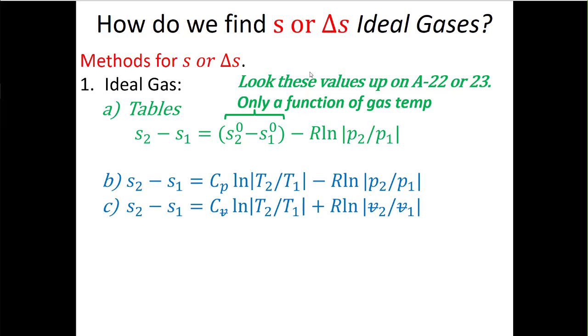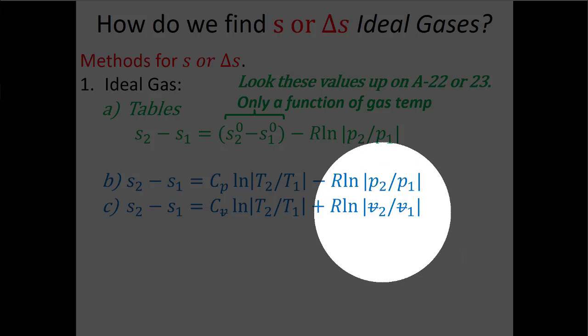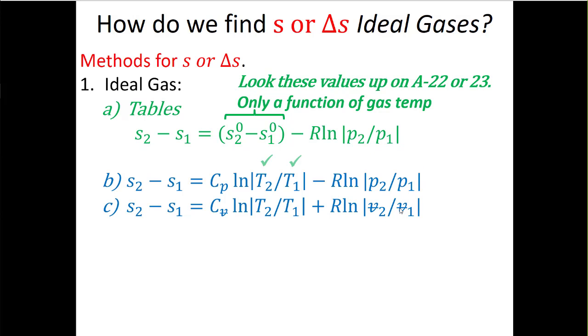And over here, I have two options for constant specific heat, but I don't know the specific volumes of the gas, right? So I can use what's called option B in this particular list, but I can't use option C because I don't know the specific volumes. Maybe I could use the ideal gas law to try to figure them out, but why go through the effort when I can use option B?